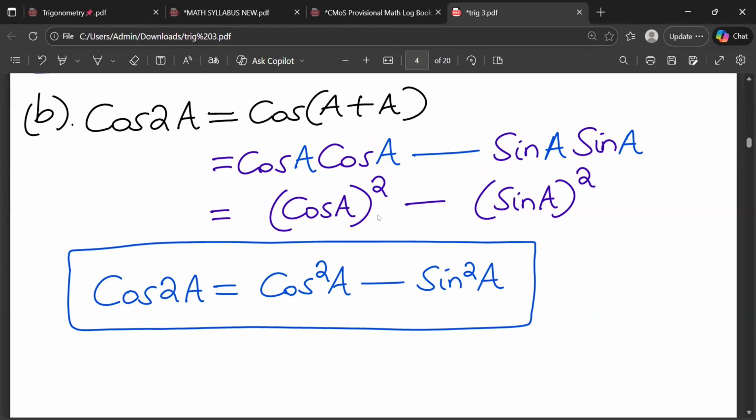But those of 3A and sine 3A, those ones you need to know how they come about. But you cannot understand them unless you understand these ones, trust me. So that's why we are beginning with these ones, then the rest will come in later. Okay, that is good.